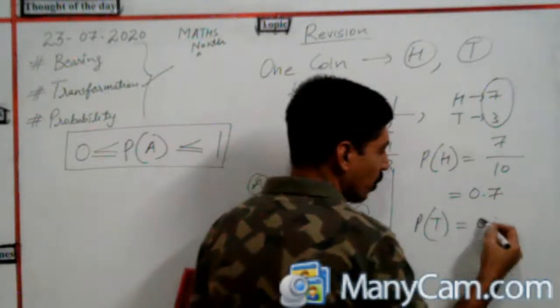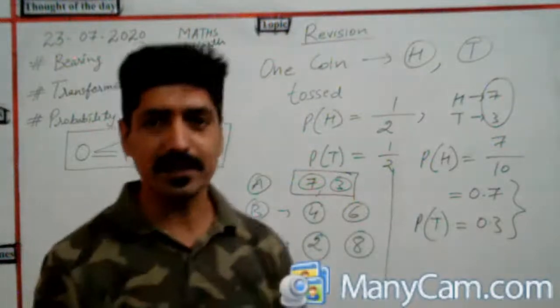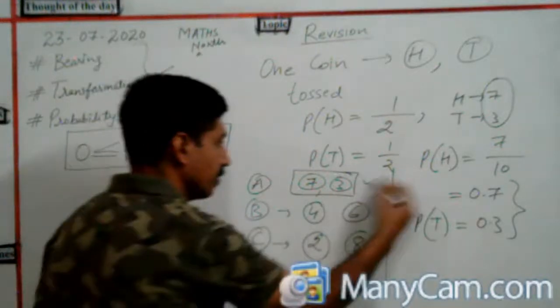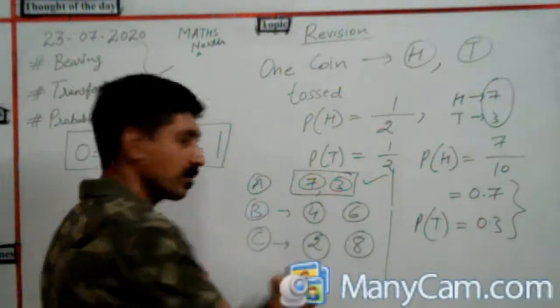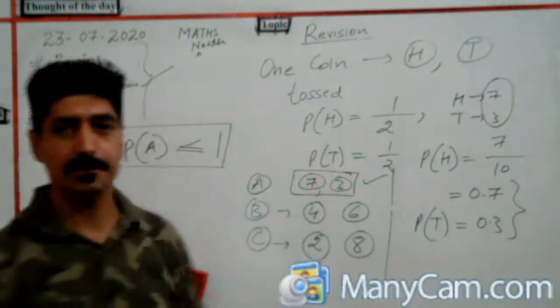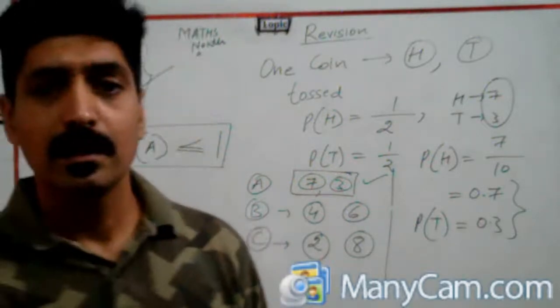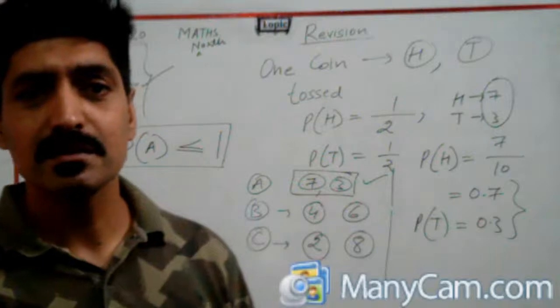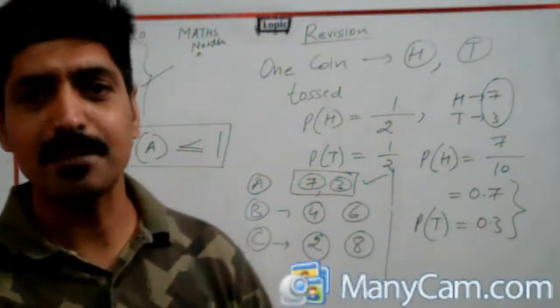That is 0.3. So the probability of head is greater than the probability of tail in this first case. Whereas in this case, head is less, and this is our probability of head, that is 0.2. If we are tossing the coin 100 times, the same way we will go for the total sample space.